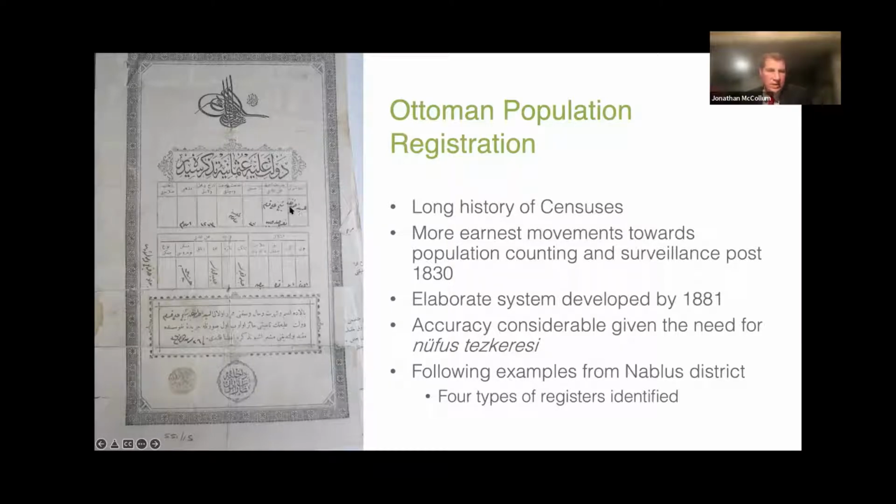So we see that Ahmed here, who was born in 1273 of the Rumi calendar, which we'll speak about today, and he was a Muslim, was issued this Nüfus tezkerisi, this state ID, and this was part of this population registration scheme. Now, today I'll talk to you a little bit about examples that I've extracted from Nablus in Palestine.